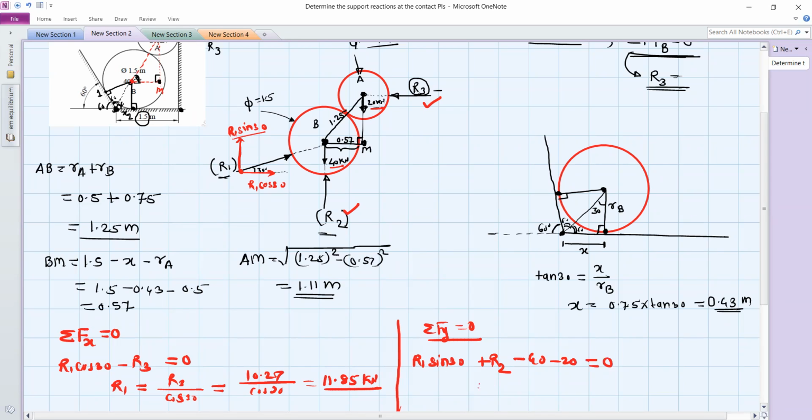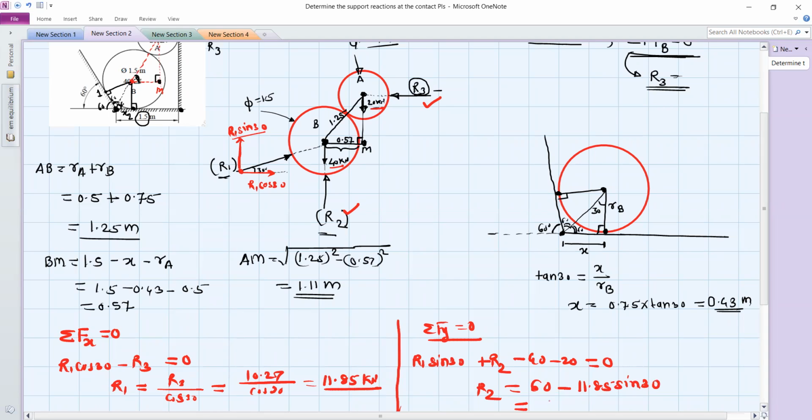So from this, calculate the reaction R2. Put the value of R1, which is 11.85 kilonewton. So your reaction R2 will be, minus 40 minus 20 is minus 60, so on the right hand side it is plus 60, and minus R1 sin 30, with R1 as 11.85.